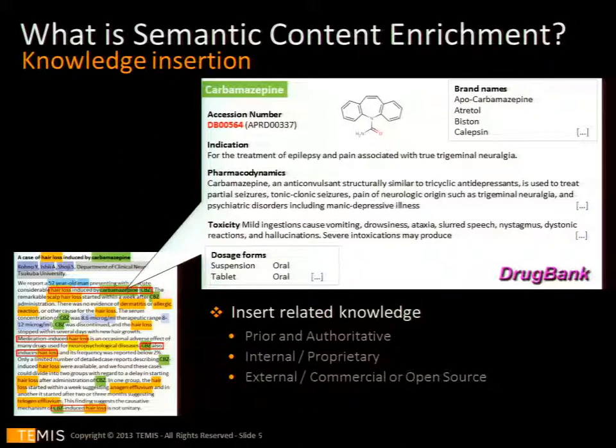A typical example, when you have a drug, would be a lookup in a database like DrugBank. It's limitless here. You can do lookups on your own specific knowledge bases if you have structured product and content product.